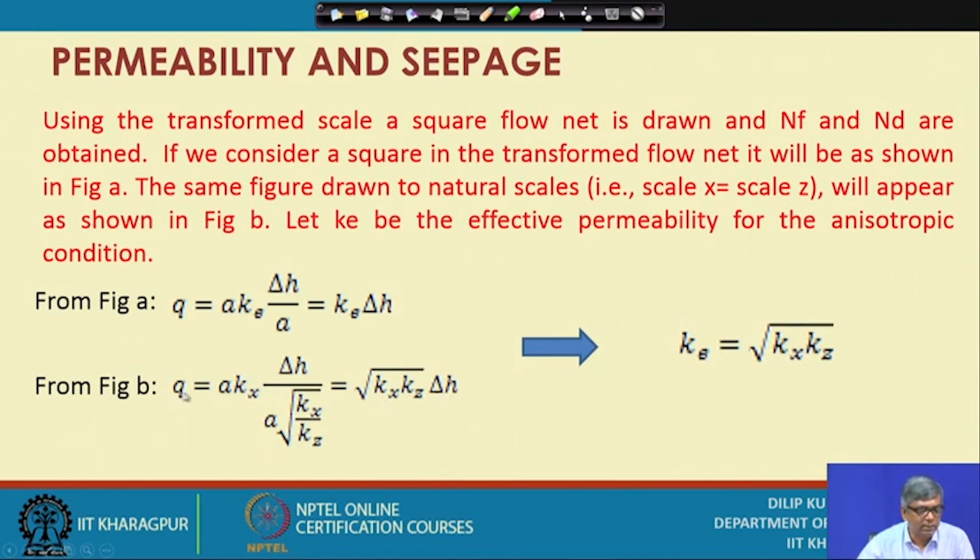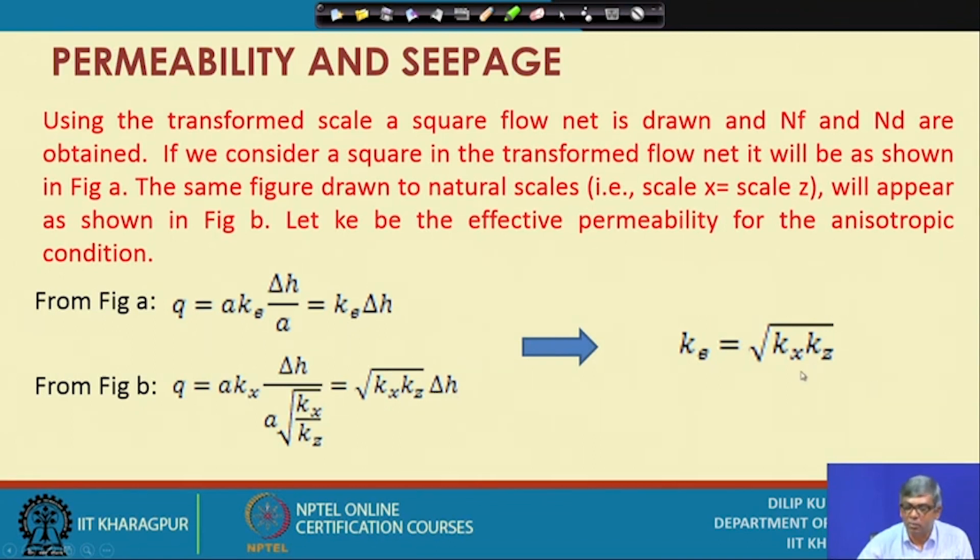So once I am getting Q equal to under root K x K z into delta H, and for the original transformed section, which I have represented by equivalent or effective permeability K E, I am getting K E into delta H. These two must be equal, because I have chosen this K E to satisfy that condition. Since delta H is the same in both cases, K E must be equal to under root K x K z.